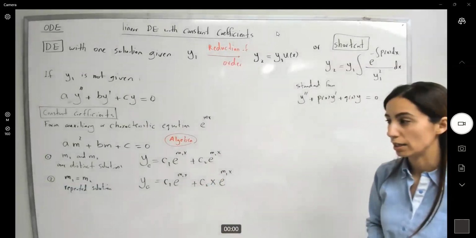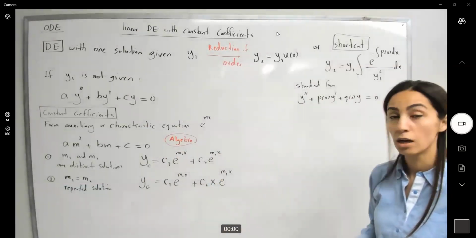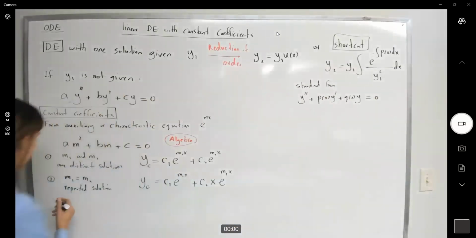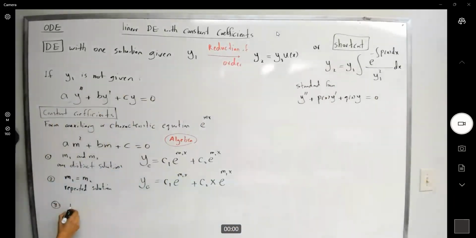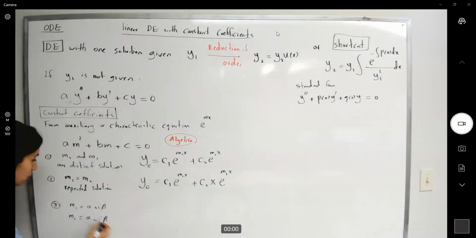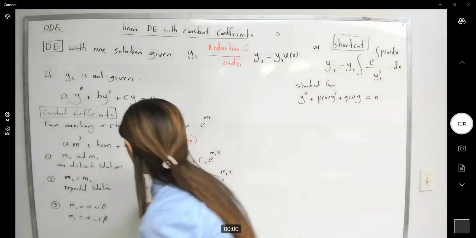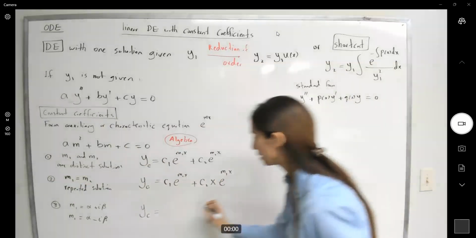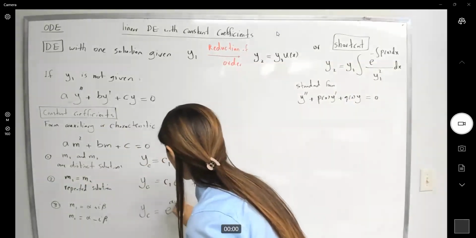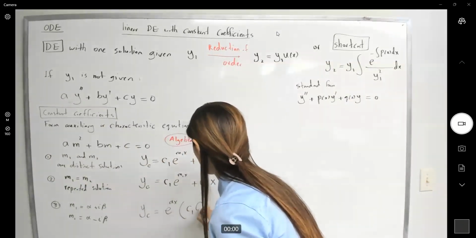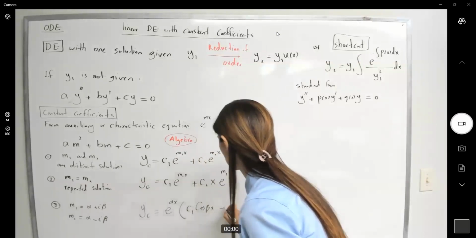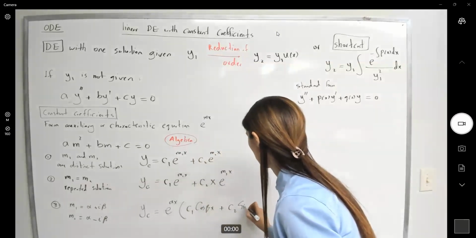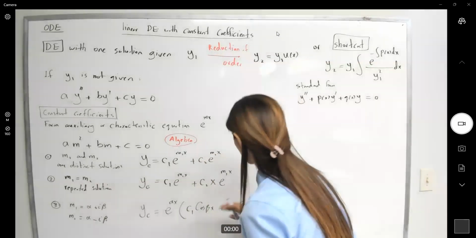And finally, in the third case, if we have conjugate complex solutions, m1 is alpha plus i beta, and m2 is alpha minus i beta. In this case, the general solution for the homogeneous differential equation is written as e to the power alpha x, parentheses, c1 cosine beta x plus c2 sine beta x.